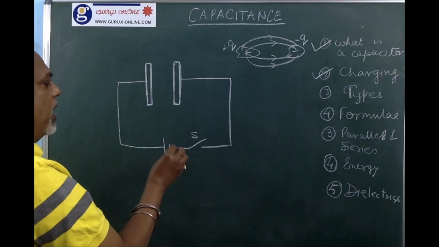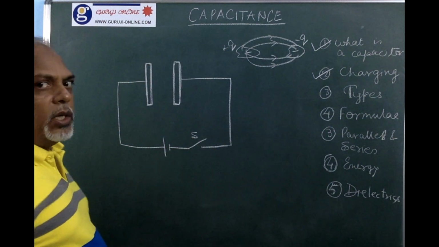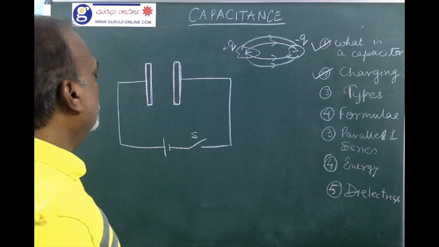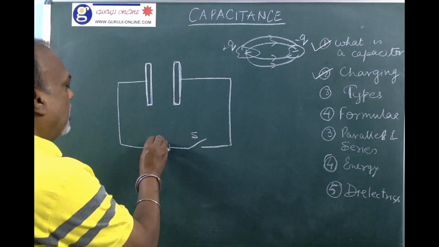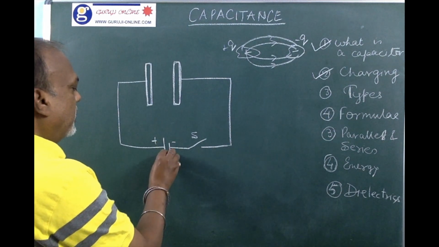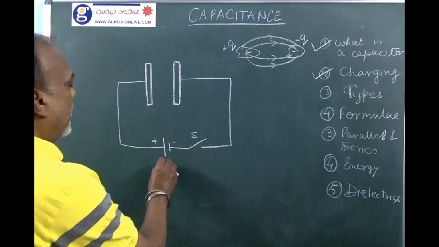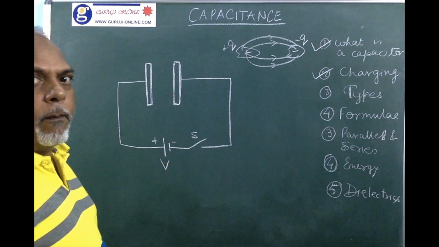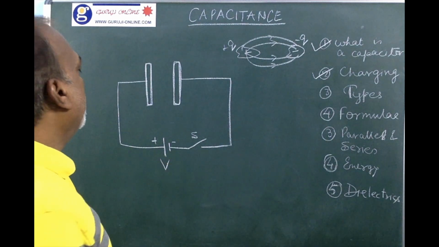They are joined with a battery with a switch. This is the plus sign, this is minus, these are the battery's terminals. This has a voltage of V.